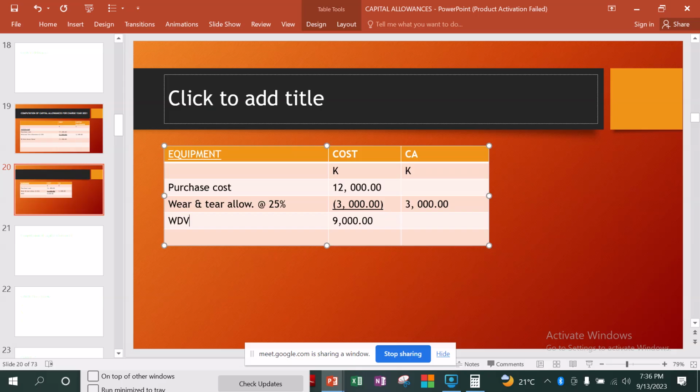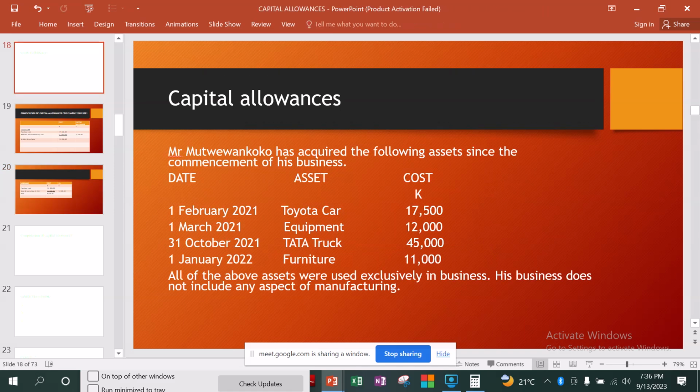So that is during 2021, when we have this. Another one under 2021, what happened? We go back, we find that we had another transaction, Tata Truck.